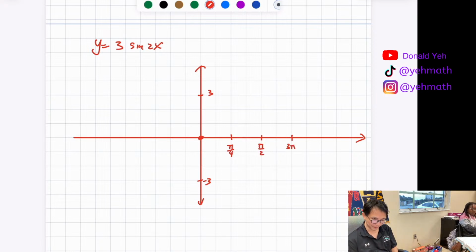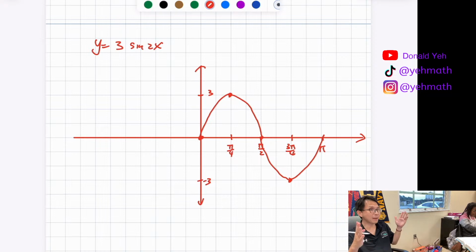Then 3 pi over 4, and pi. So now you see this graph is going to go up, come down, and go down. Same exact graph, except my scale is changed. The whole period takes only pi. Do you see that?